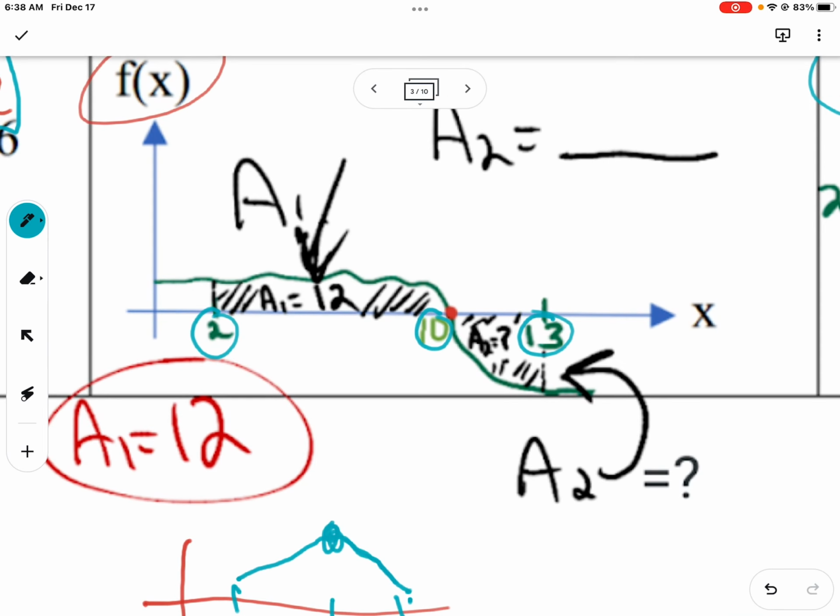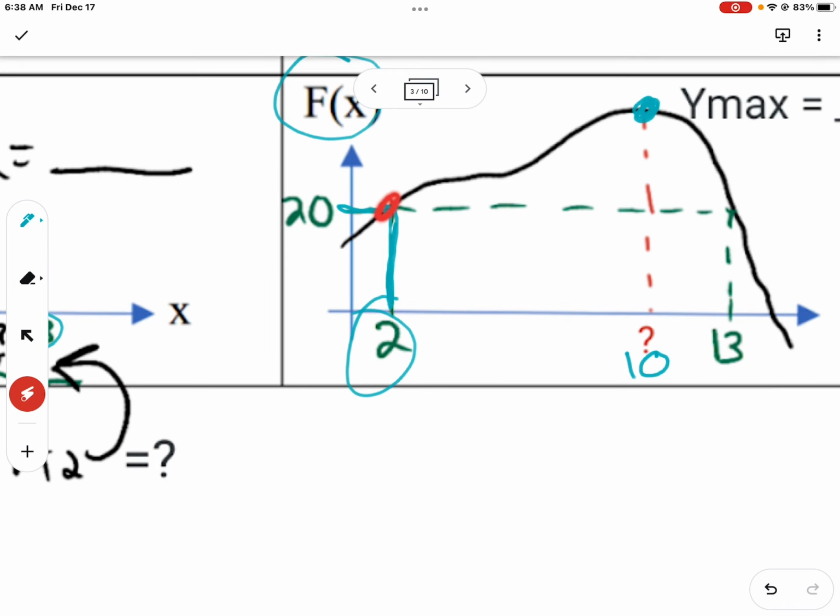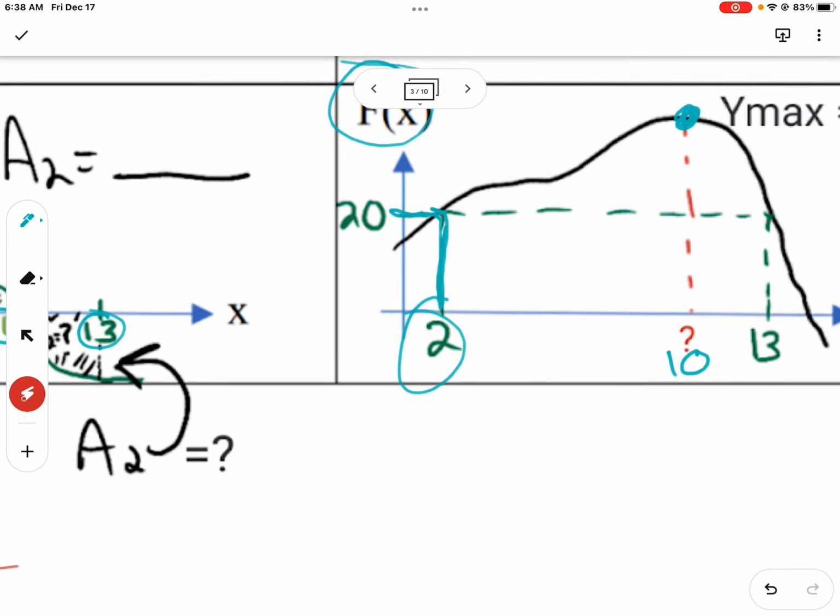So I'm told that area 1 is positive 12. In other words, 12 centimeters of snow fell. Then I'd have to figure out how many centimeters of snow had to melt. If 12 centimeters of snow fell, and the depth of snow didn't change overall, there's net 0 change, because it went up and then it went down.